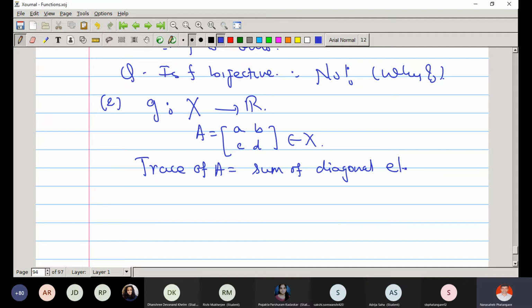So in this case, what is the trace of A? A plus D. Diagonal elements means elements on the main diagonal, so the sum of diagonal elements is A plus D. Is it a real number? Trace of a matrix, is it a real number?